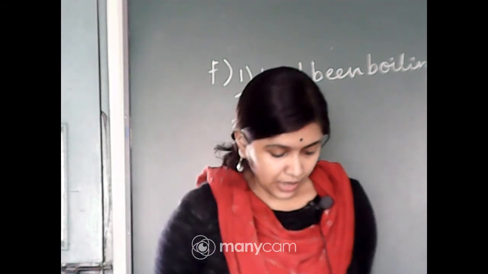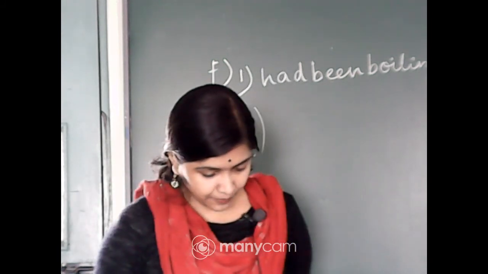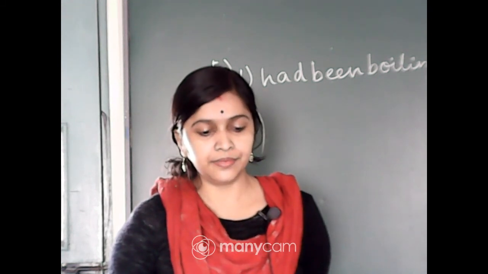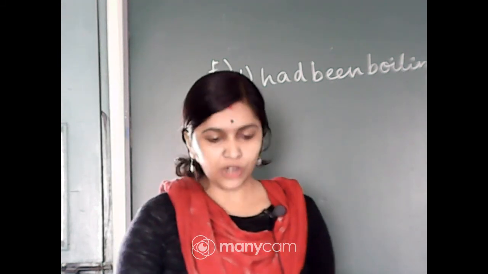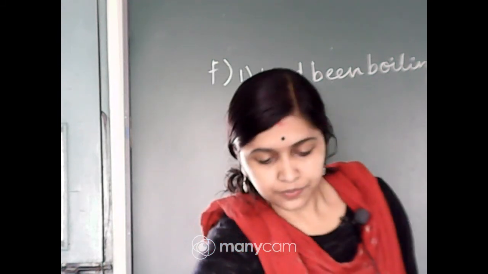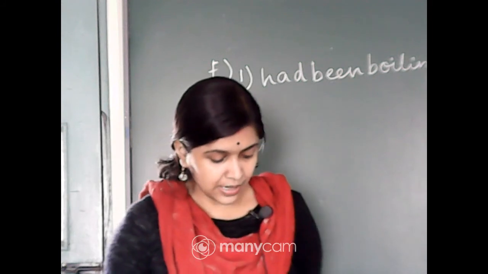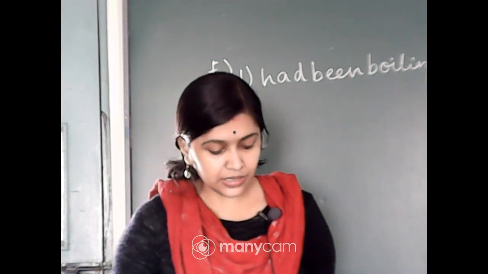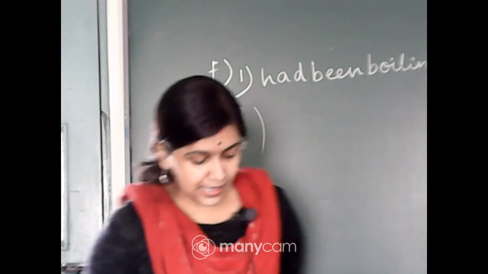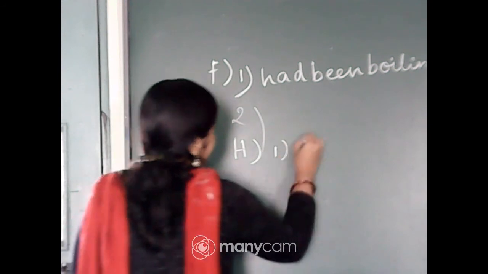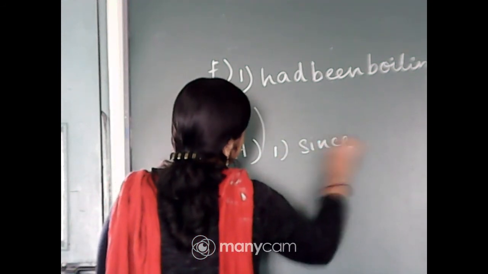Done? Come to exercise number G. Exercise number G is an interactive exercise, not for our classwork. Okay, you may do it at home for your practice. Come to exercise H. He has not visited the doctor since Sunday. So, exercise H. Number 1 will be since, tick this.